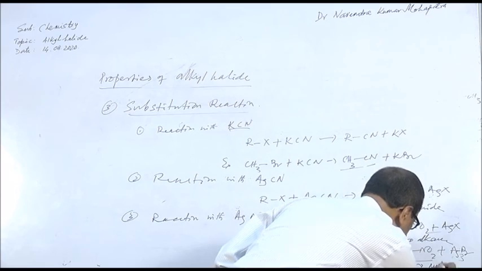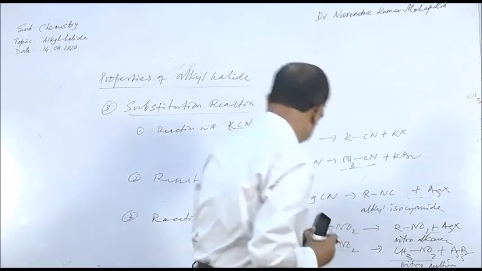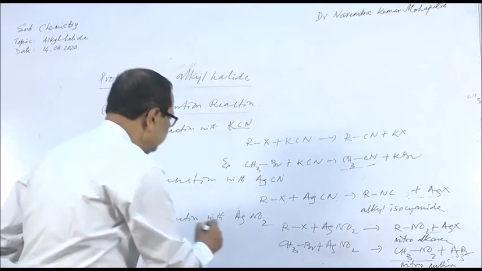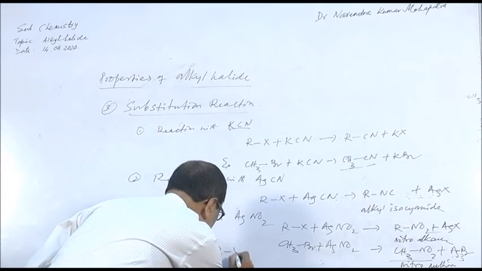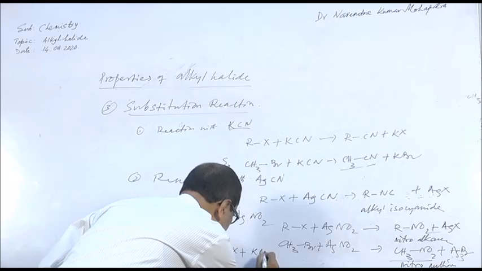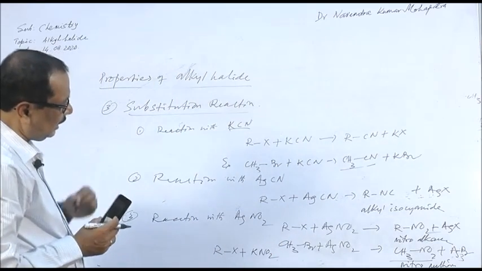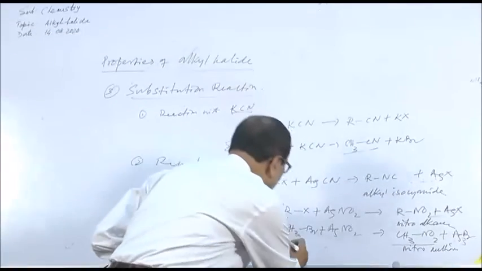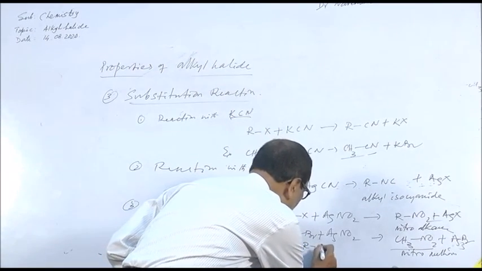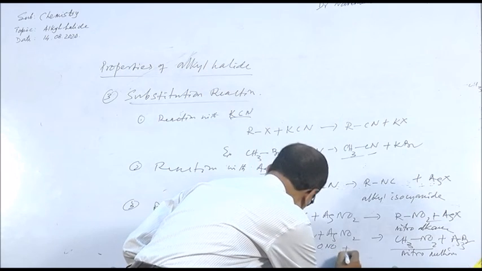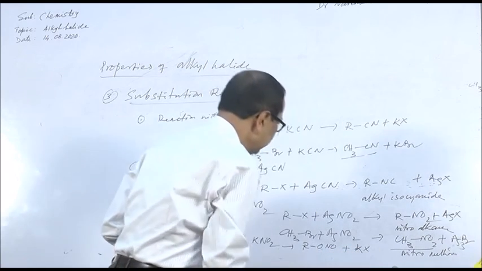But on the other hand, if this alkyl halide is treated with potassium nitrite, we get alkyl nitrite, RONO plus KX.